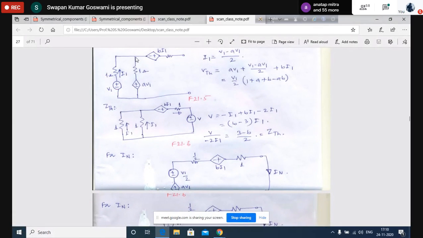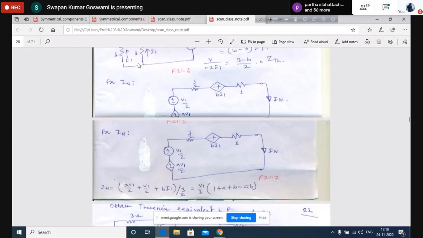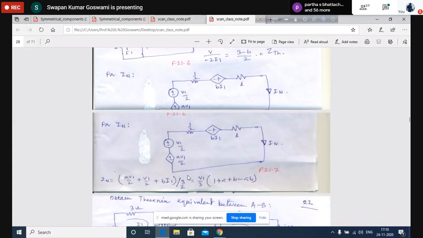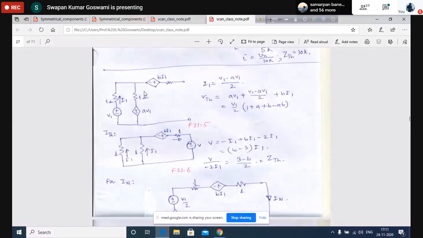These two have been considered and represented in this fashion: V1 by 2, then plus AV1 by 2, then minus. That means this portion remains as before, but this portion has been shown by an equivalent circuit because we shall find out the Norton current.